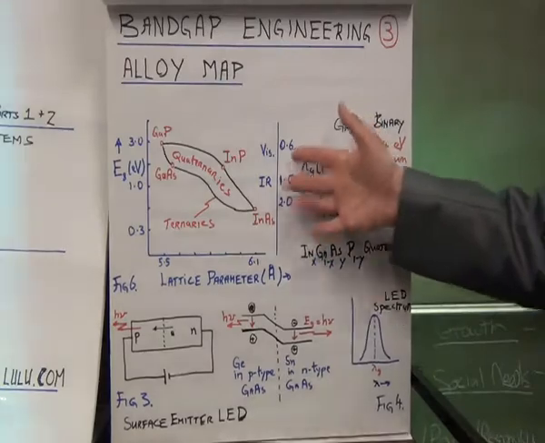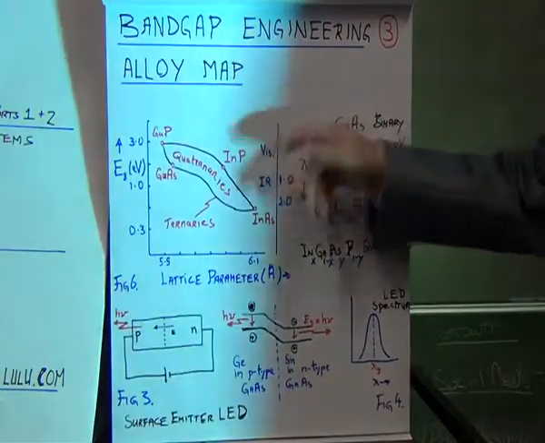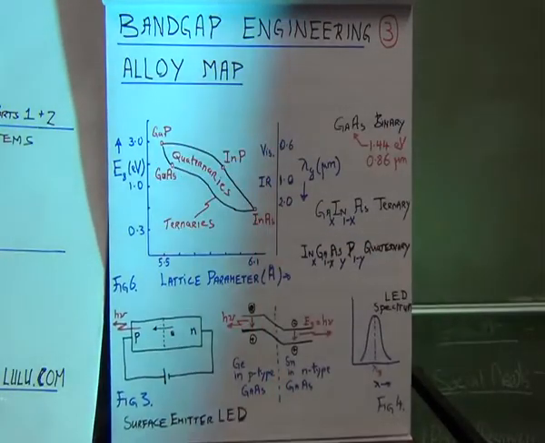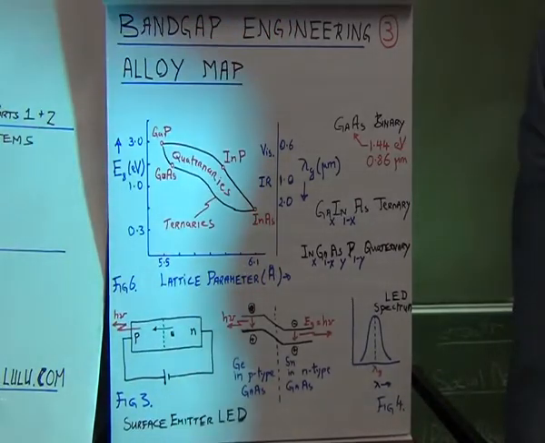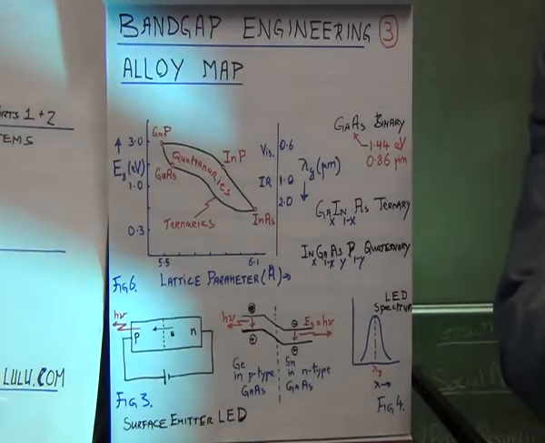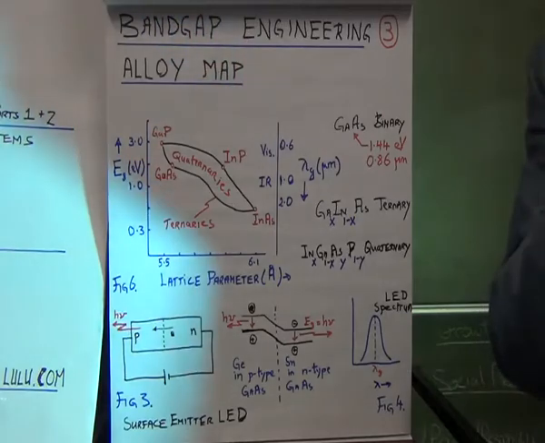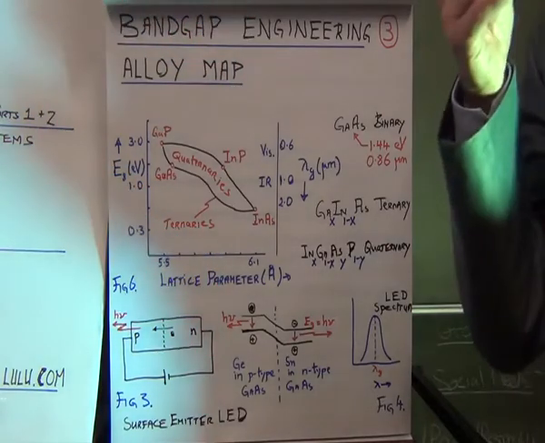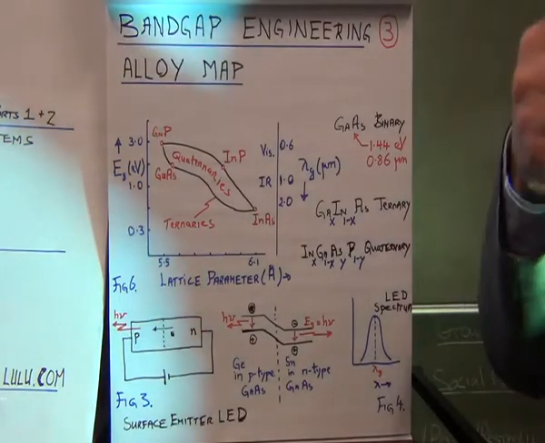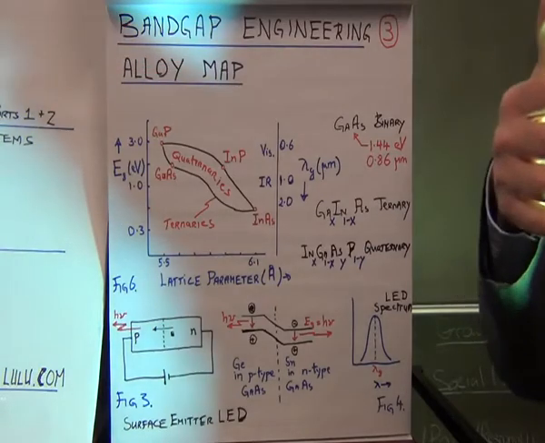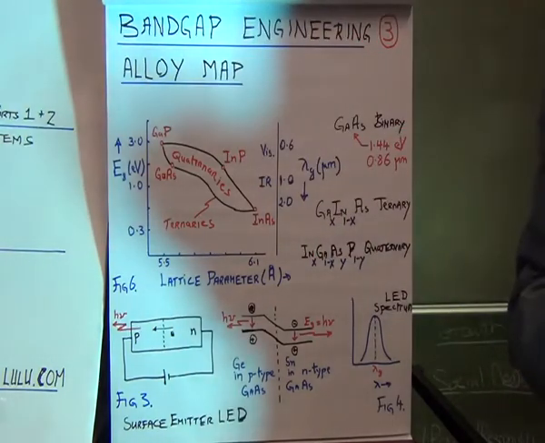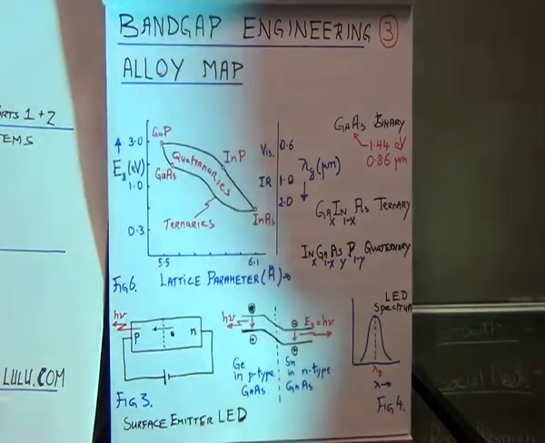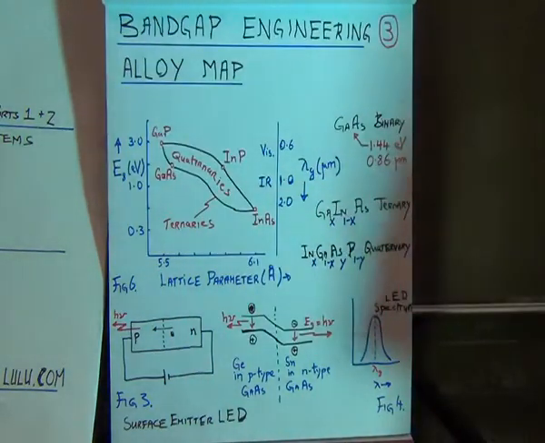Work out their wavelengths, and from that, work out what are the XY values, and go away and grow 100 wafers. Dice it up into chips, and we will then have 100 lasers which can transmit dense WDM, dense wavelength division multiplexed channels down our optical fiber. Okay? And that's exactly what has been done.